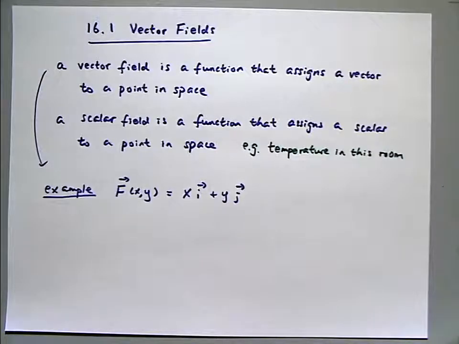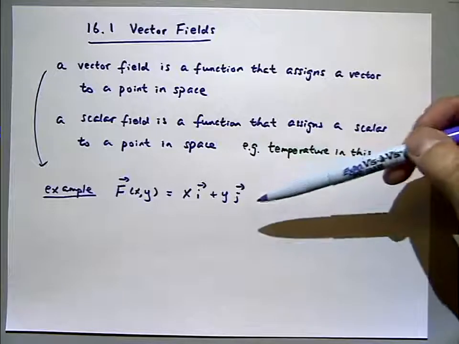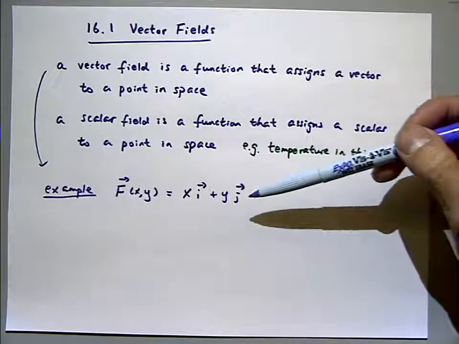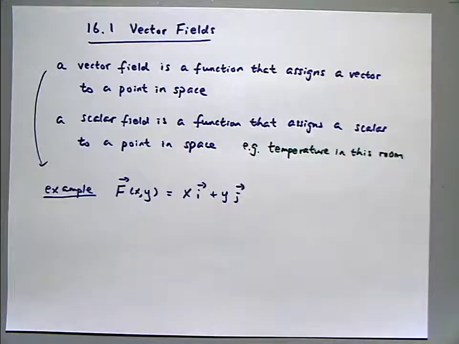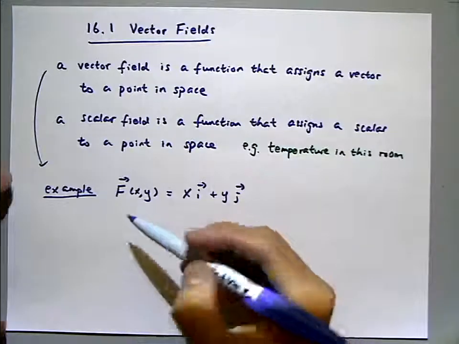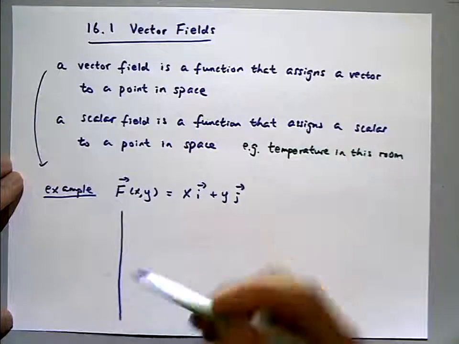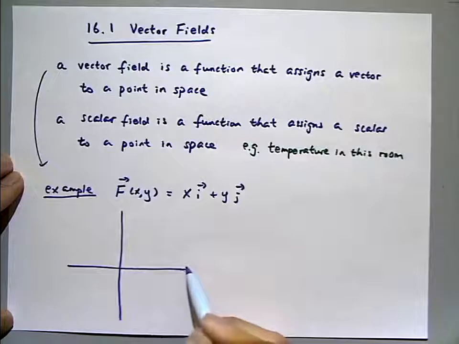So very clearly you can see that if you tell me what x and y are, so this could be the entire floor of this room, for example, if you give me a point x, y that corresponds to a point on this floor, I can tell you what that vector looks like, which way it points, how long it is, and so on. So let's take a look at what this vector field might look like.